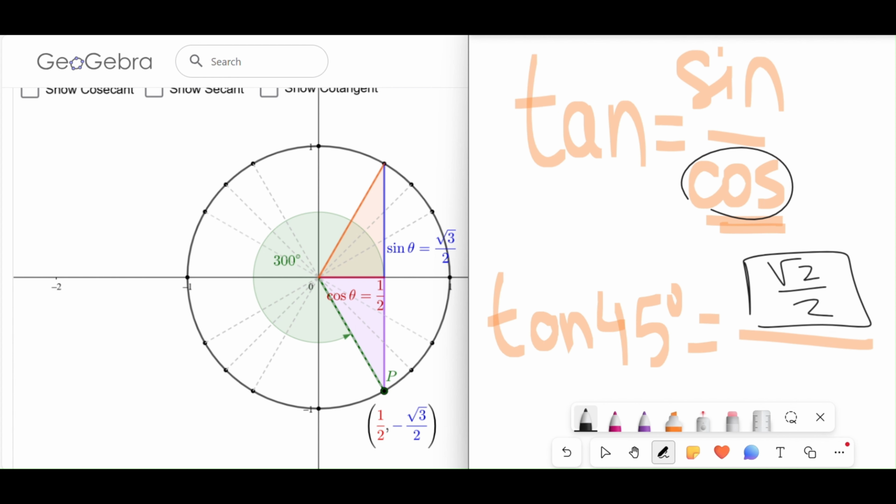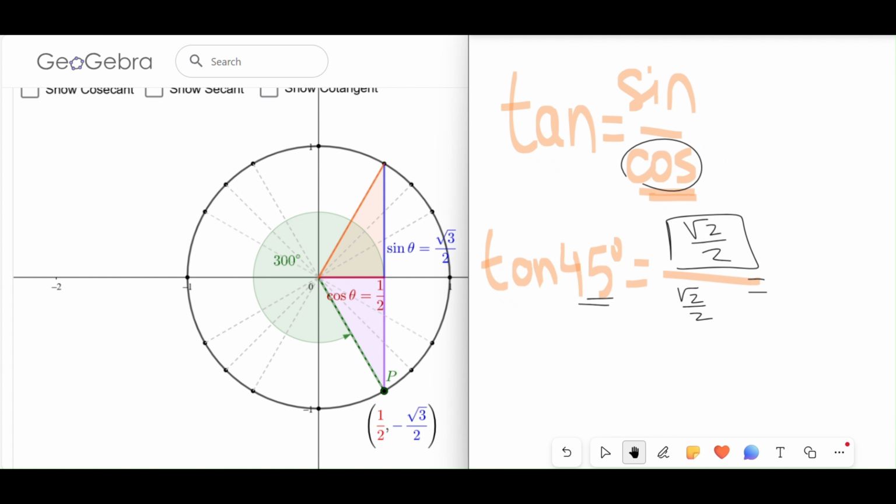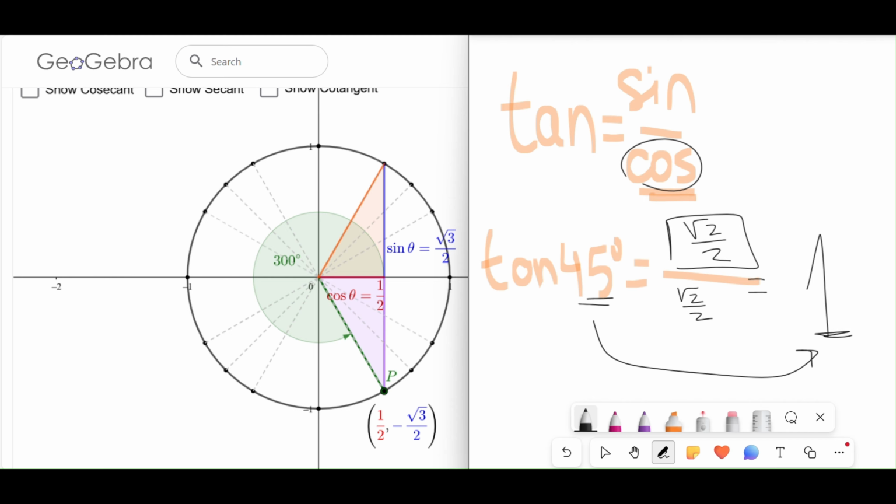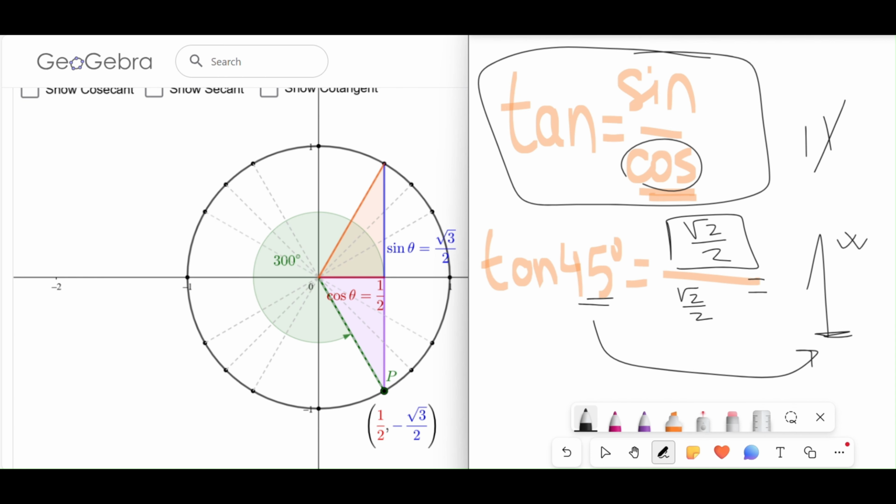Over, what's cosine of that? Cosine of 45 degrees, radical 2 over 2. Oh, when I divide radical 2 over 2 by radical 2 over 2, then we get 1. So tangent of 45 degrees is equal to 1. Using this formula, you can find the tangent of any angle because you know sine and cosine of all of them.